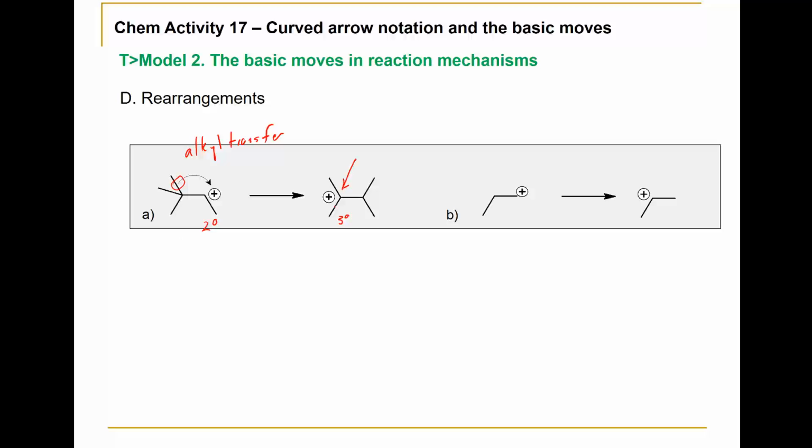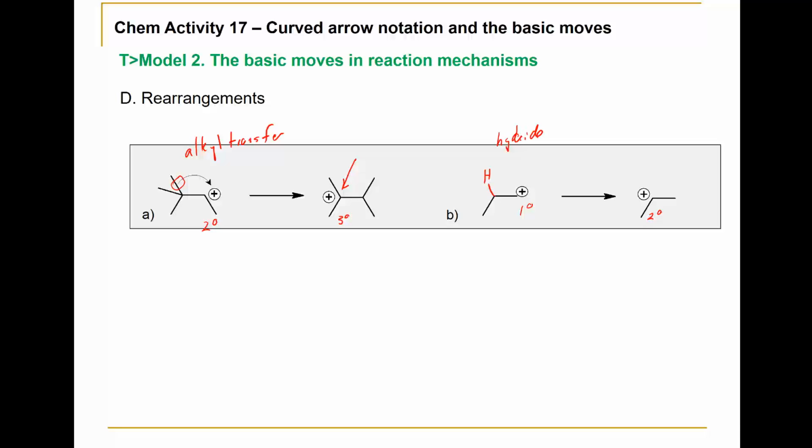In our second example, notice that we're going from a primary carbocation to a secondary carbocation. That's an improvement in the stabilization of our carbocation. What's moving in this case? Well, it's not so much that the positive charge is moving, but rather we have what we would refer to as a hydride shift.